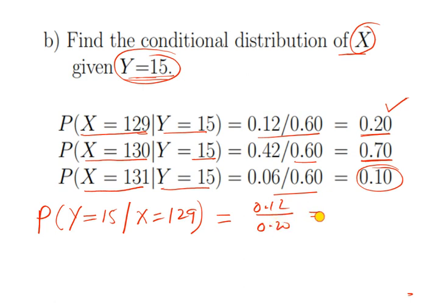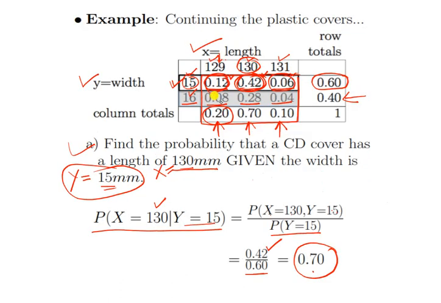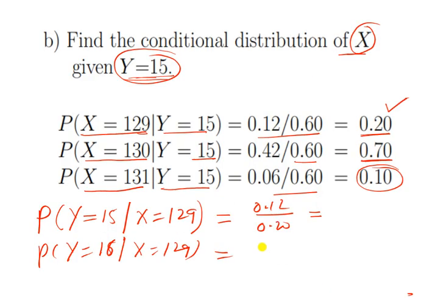After simplification we obtain the value of this expression. Similarly, probability of y equal to 16 given that x is equal to 129: y equal to 16 and x equal to 129 gives 0.08 upon 0.20. After simplification we obtain both values with the help of a calculator.